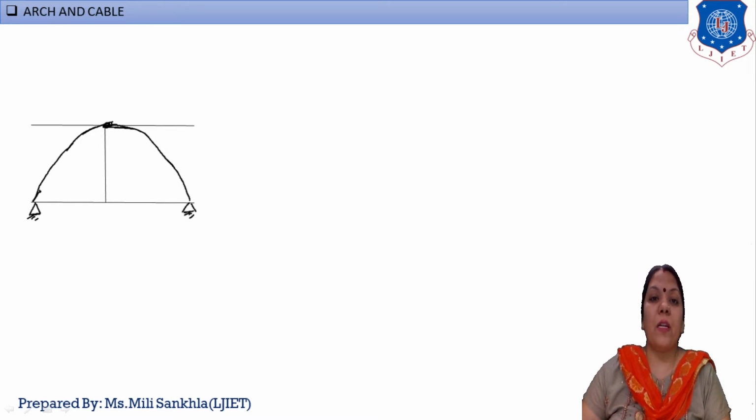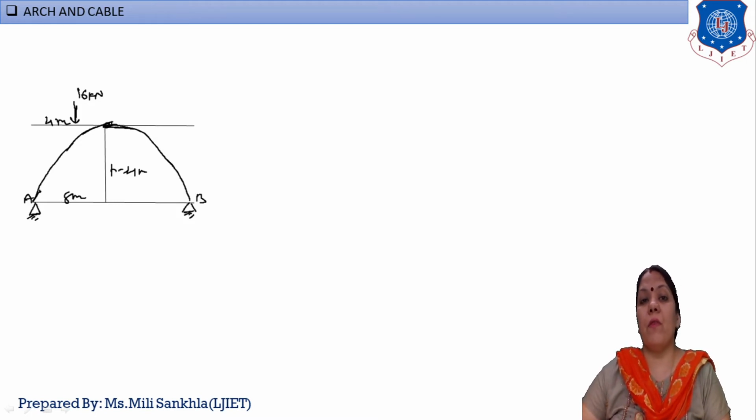Here the center point internal hinge is given, and the load is 16 kilonewton at distance 4 meter. This span is 8 meter, this is 4 meter. Again A and B. Now one by one we find out RA. At A point we get the horizontal reaction H, and second we get VA.